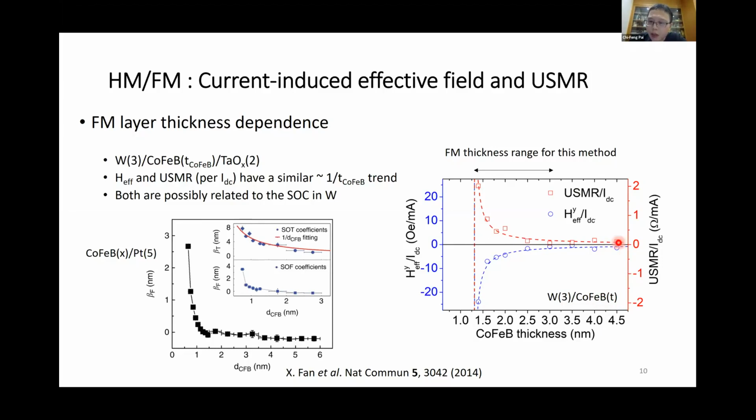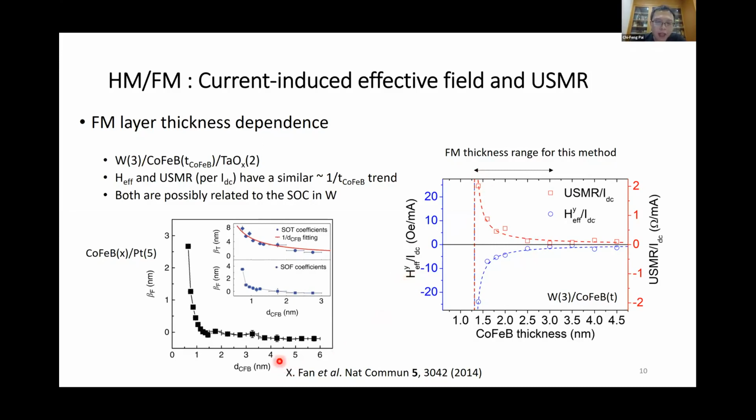As you can see, the effect is actually very small if your cobalt-iron-boron thickness is greater than, say, 3 nanometers. Only when the thickness of the cobalt-iron-boron layer is less than 3 nanometers do you start to see a significant enhancement of both the USMR and this current-induced effective field along the y direction.